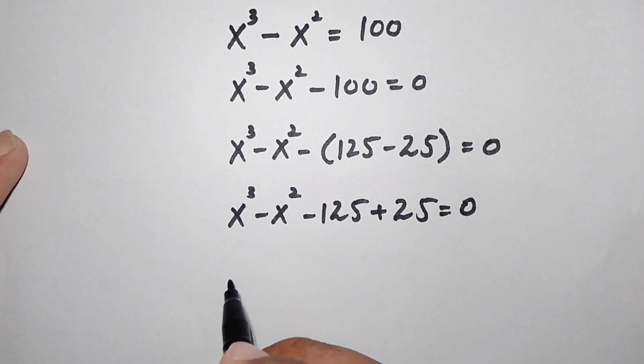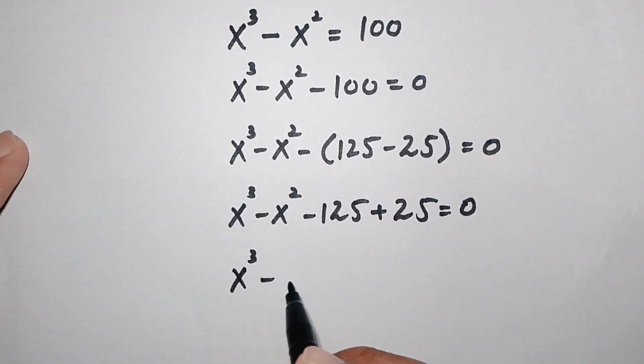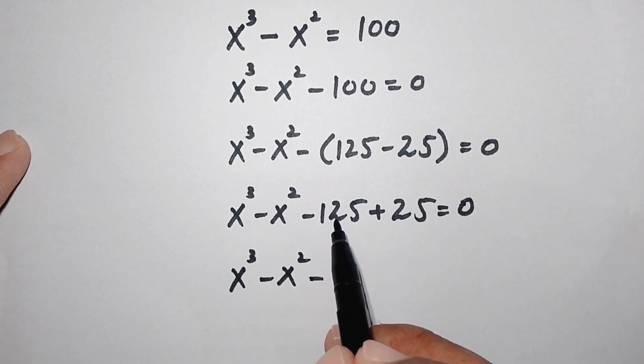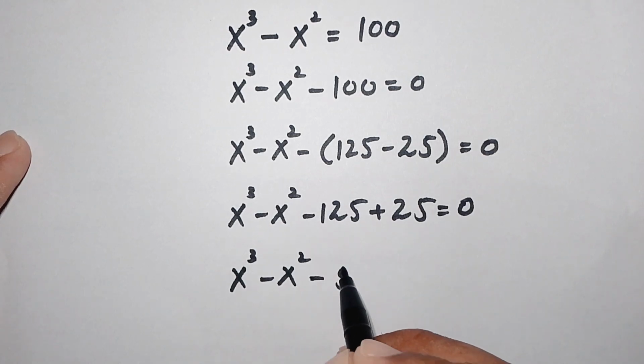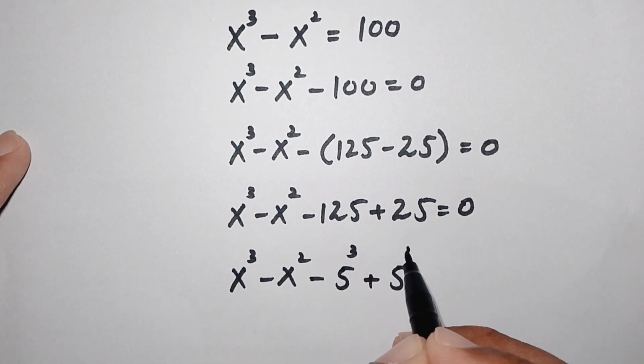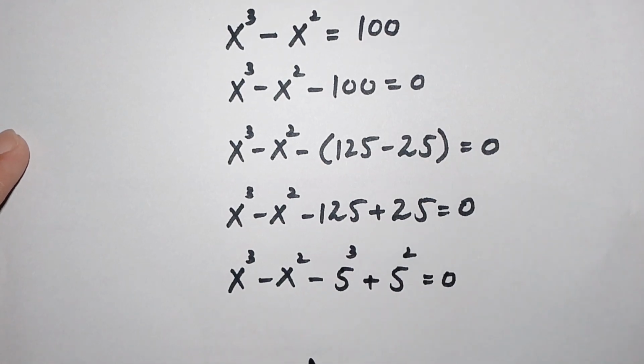Now, in the next step, x to the power of 3 minus x square, minus 125 is equal to 5 to the power of 3, plus 25 is equal to 5 square, and this is equal to 0.